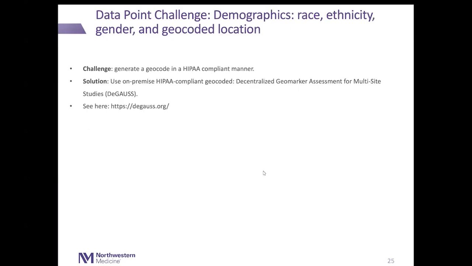Next challenge, now we're getting into the actual data points, not the cohorts. In this case, we wanted to generate a HIPAA compliant geocode, so we want to use an on-premise HIPAA compliant geocode.